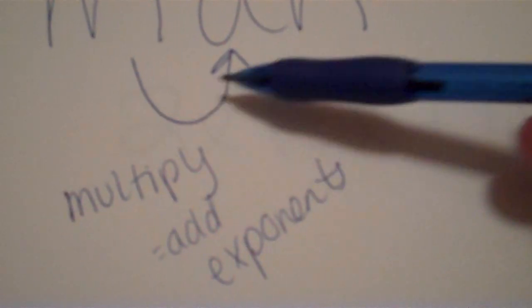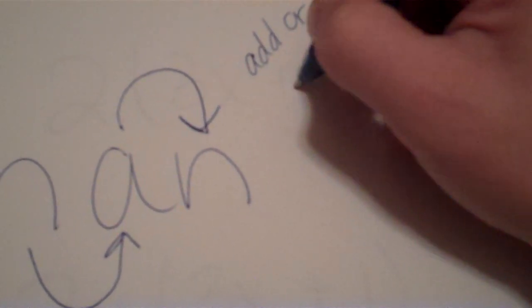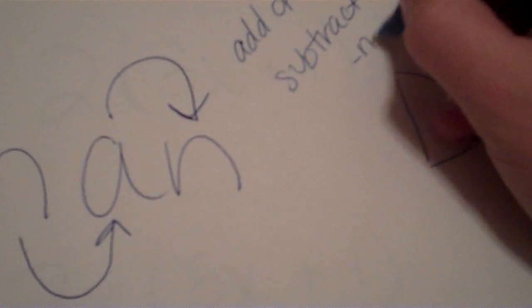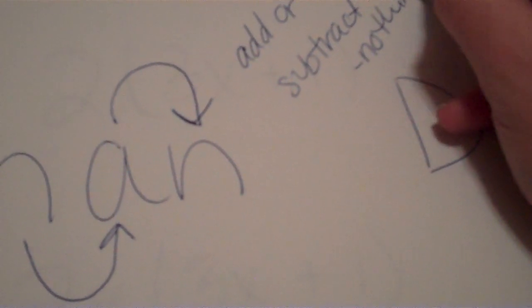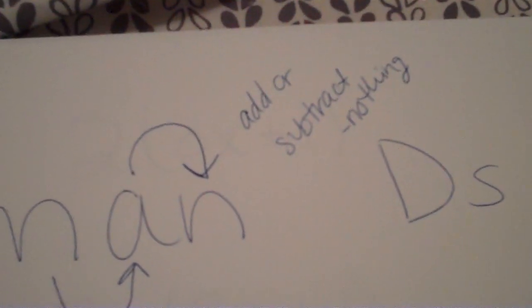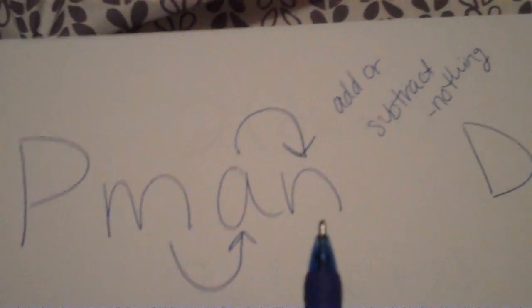And remember that when you add or subtract, you do nothing to the exponents. So we don't add, we just leave them alone. Okay? So we're only going to be dealing with these 2 rules right now.